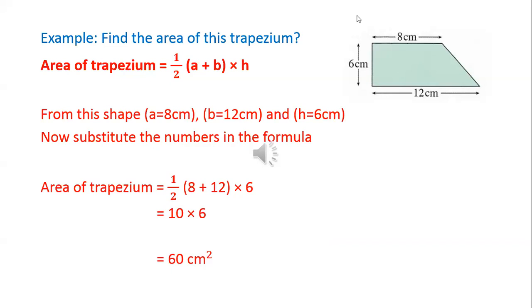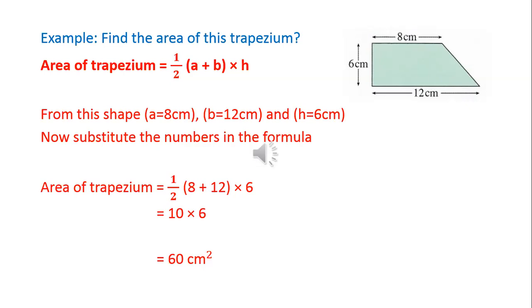Now substitute the numbers in the formula. Area equals 1 over 2 times 8 plus 12, times 6. This equals 10 times 6, and the answer is 60 centimeters square.